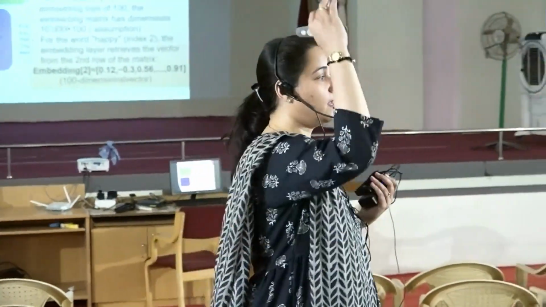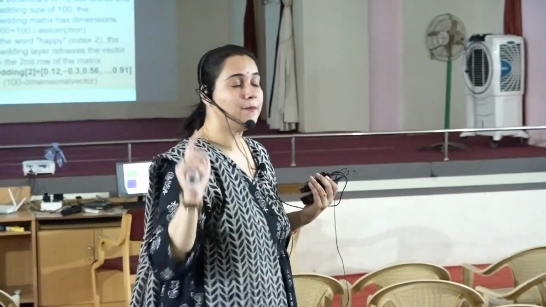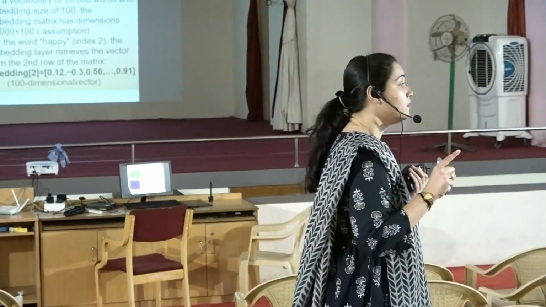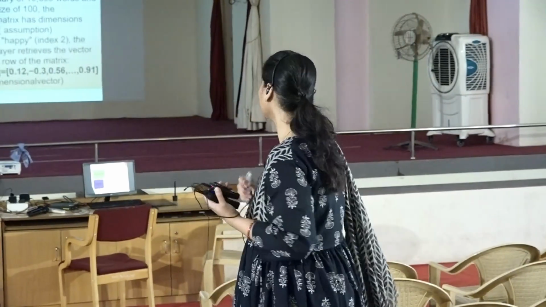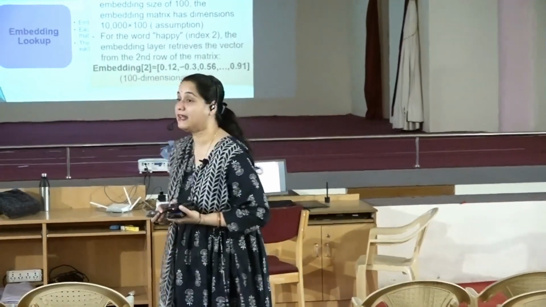Remember that. The number of rows would be equivalent to the number of words that are present. The columns would be the length that you have selected for your vector, the vector dimension. Are you clear? So the embedding matrix dimension would be what? 10,000 by 100.